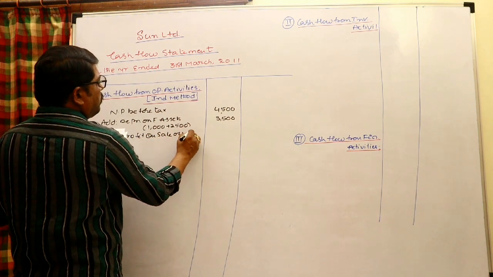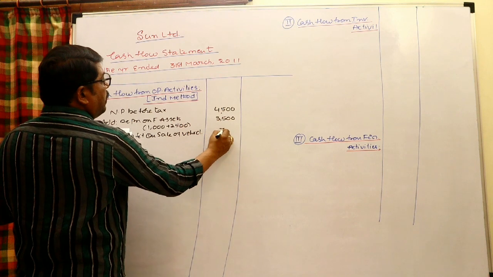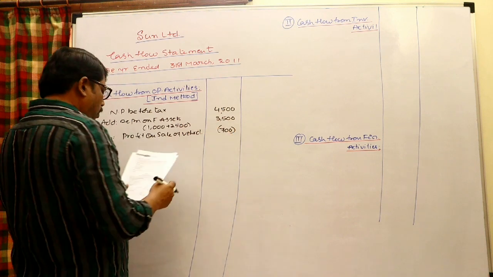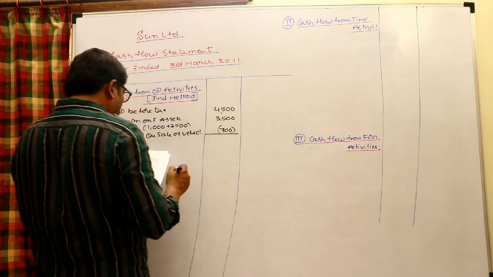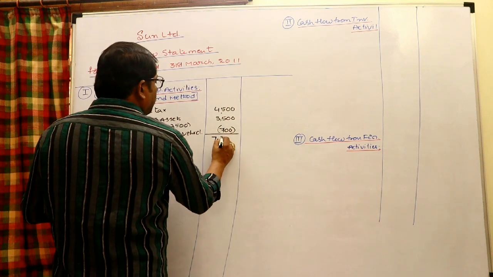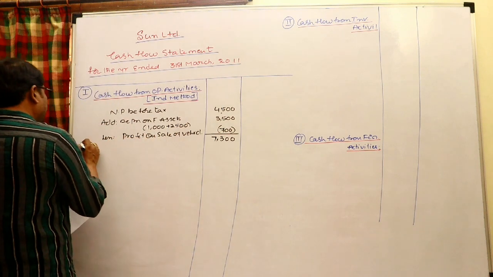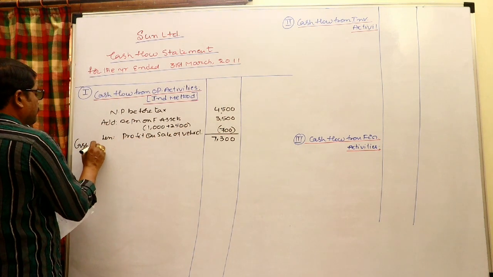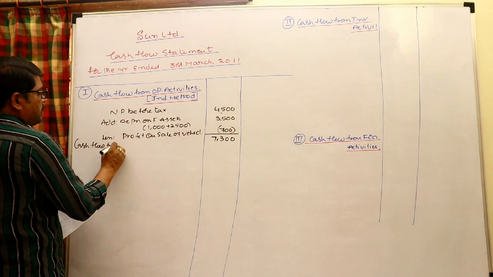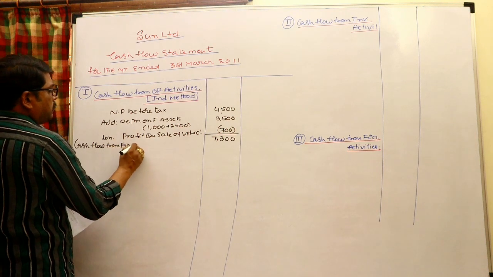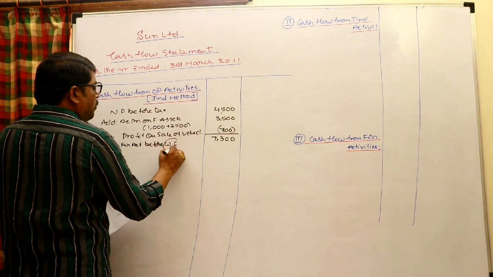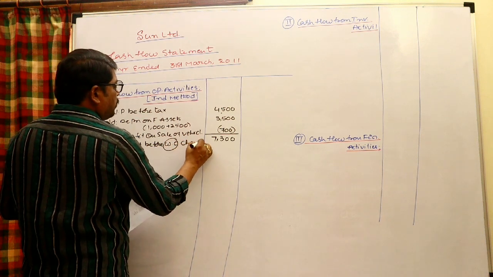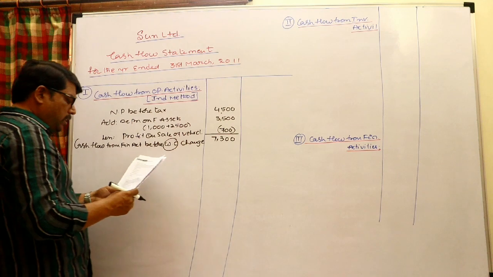How much? 700. Profit on sale of vehicle 700. That's all. So this is what we can say, 7300. We can name it as cash flow from financing activities before working capital change, 7300.